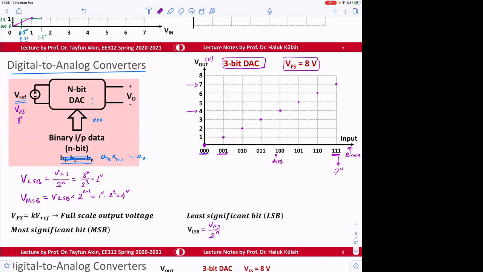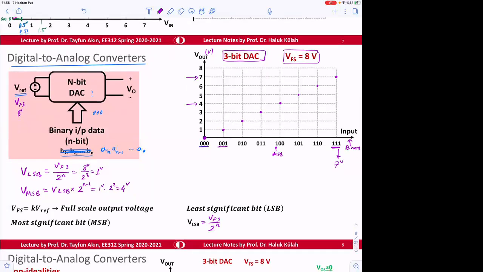We don't get 8 volts at the output, and that is actually our quantization error. That's our error; we accept that. So we are, in fact, lucky if this is the case.